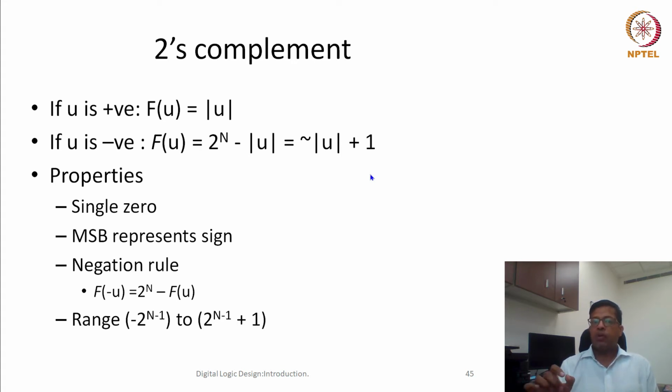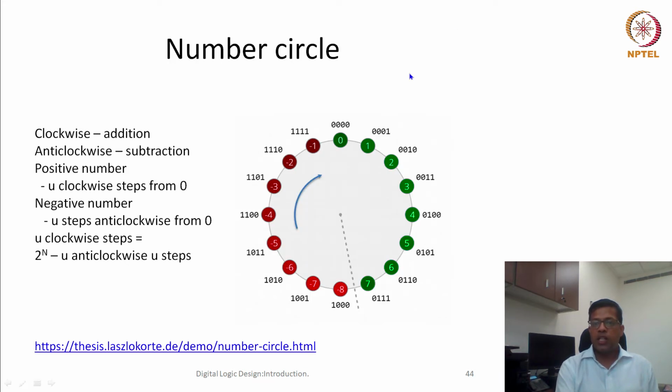So as seen from our number circle, we see a couple of properties here. One property is that there is a single 0. The other thing is that if the MSB, the most significant bit, is 1, then the number is negative. If the most significant bit is 0, then that number is positive.